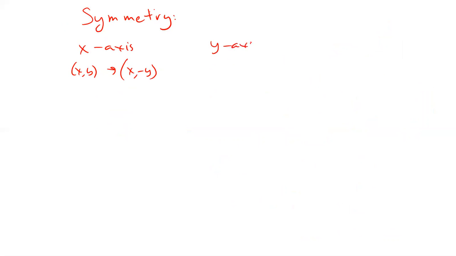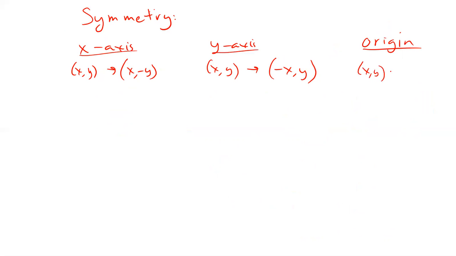Y-axis symmetry: a positive x, positive y becomes negative x, positive y. And symmetry about the origin means I'm going to spin it both ways here. So positive x, positive y could be changed into a negative x, negative y.